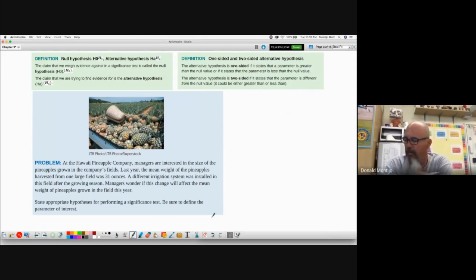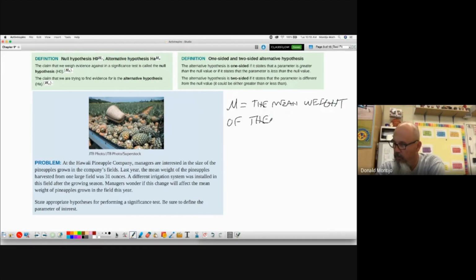What is this problem about? The mean weight. Oh, it's quantitative. So I know I'm going to be testing mu. Well, in this case, what is mu? Mu is the mean weight of the pineapples.